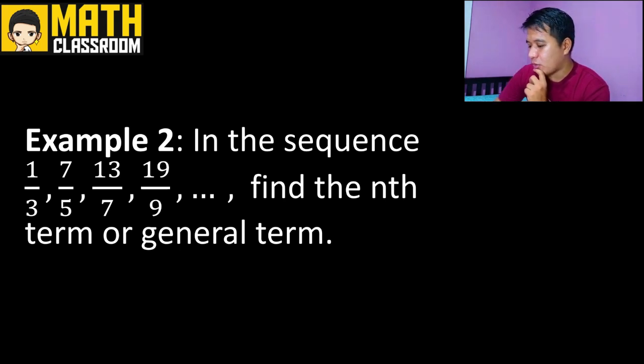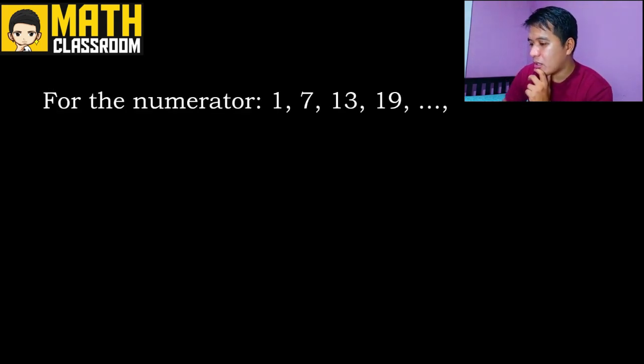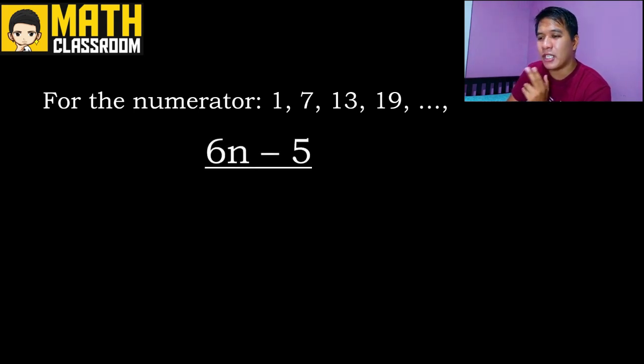Okay? So, for the numerator, we have 1, 7, 13, and 19. And the rule there is 6n minus 5. So, bakit 6n minus 5? As you could see here, the common difference is 6. 7 minus 1 is 6. 13 minus 7 is 6. 19 minus 13 is also 6. Sabi nga natin, kung ano yung common difference, yun na kagad yung kasama ng n.